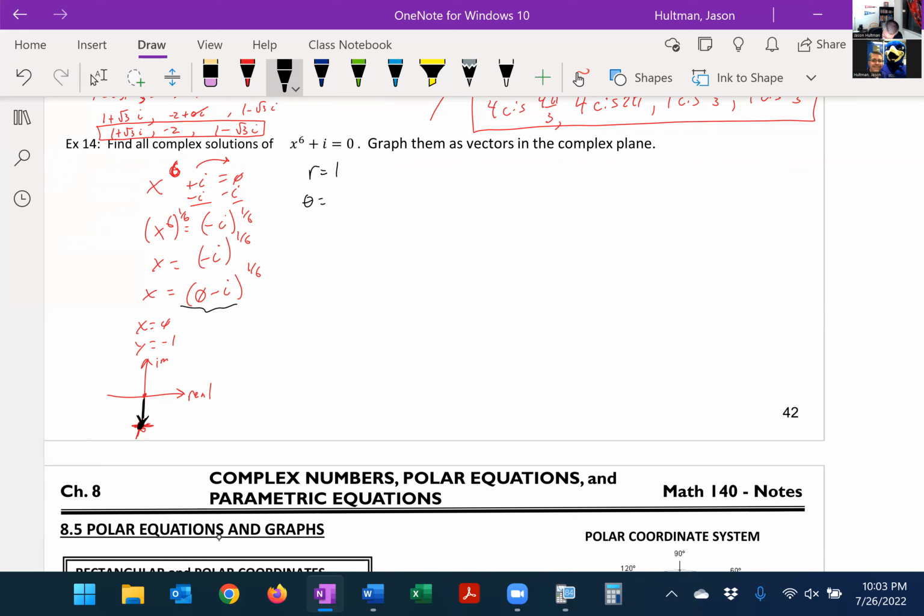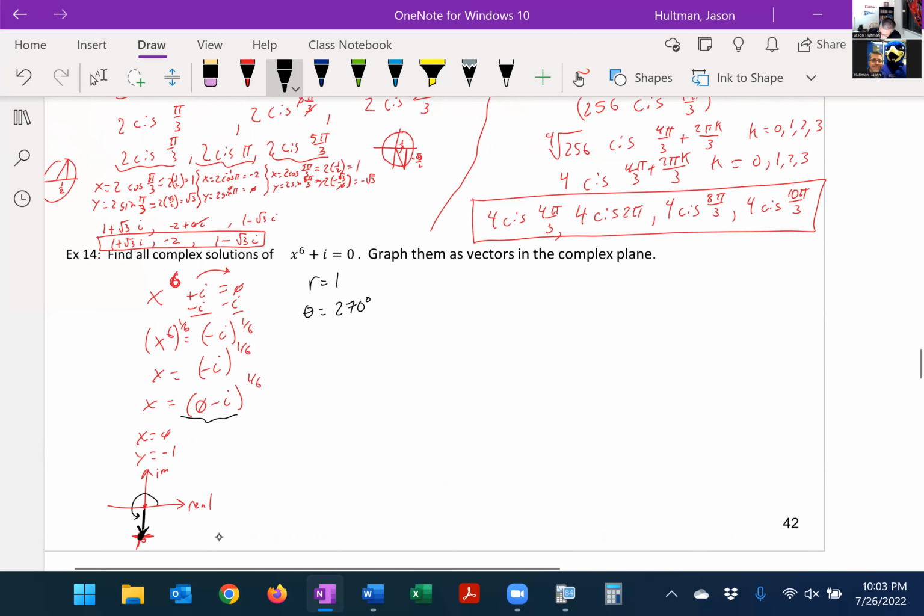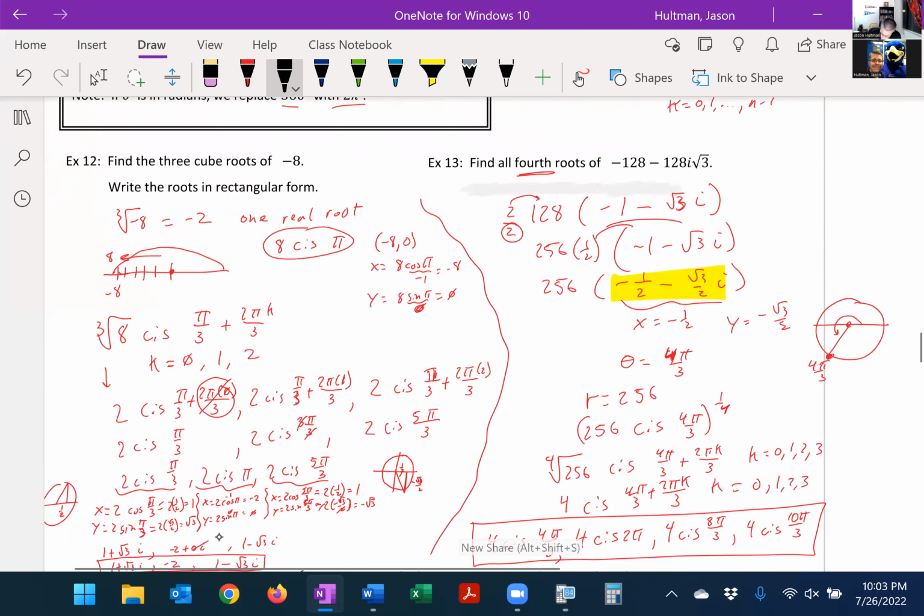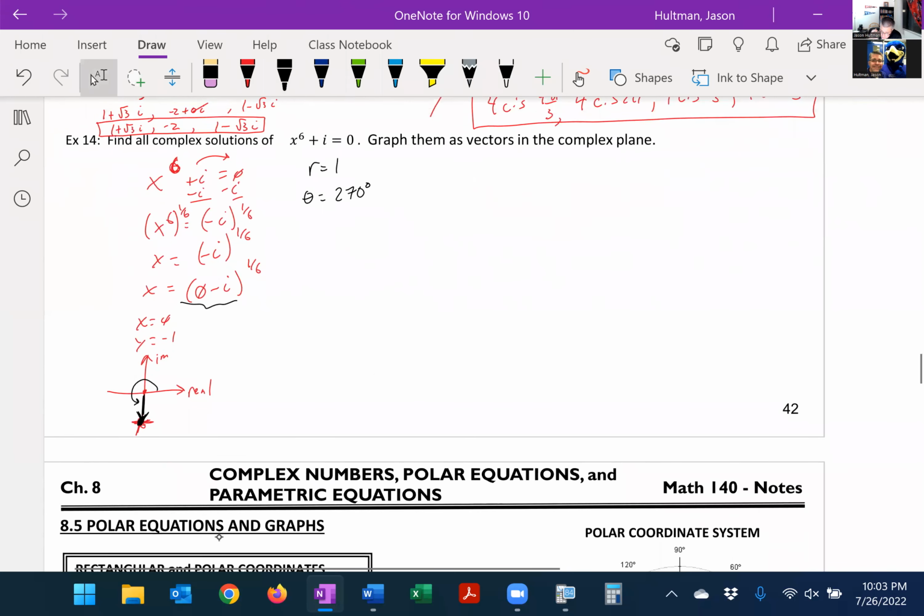Well, theta is just 270 degrees, or 3 pi over 2. Maybe I'll do it in degrees to make it a little easier. So let's do this in degrees. 270 degrees.